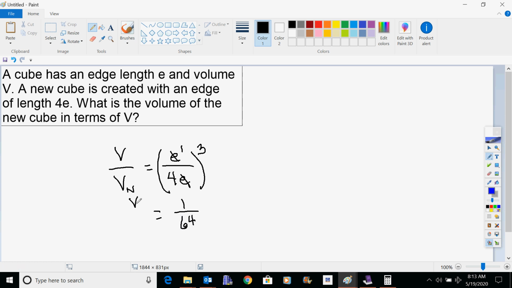I have v over vn. Well, how in the world does that help me? Because they want the volume of the new cube in terms of v. So if we cross multiply, we have the volume of the new one equals 64v. So your answer here is 64v.